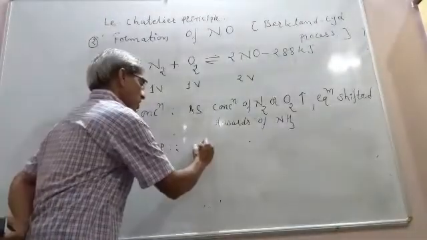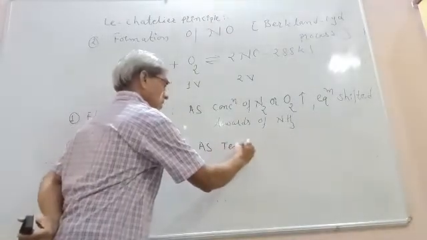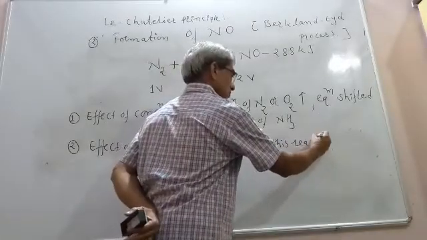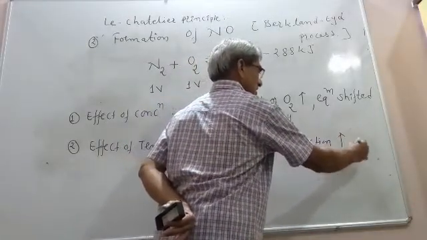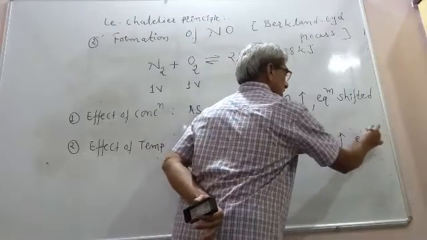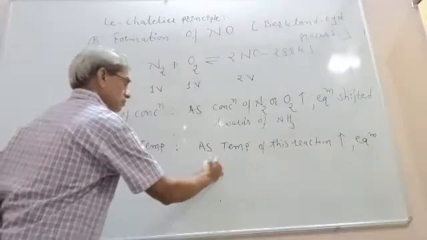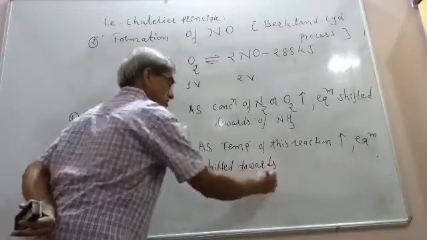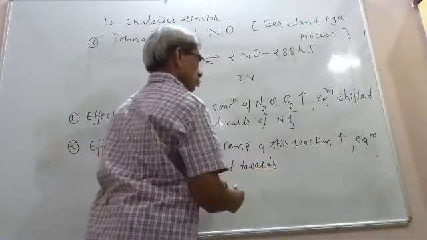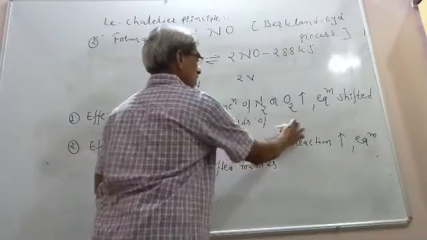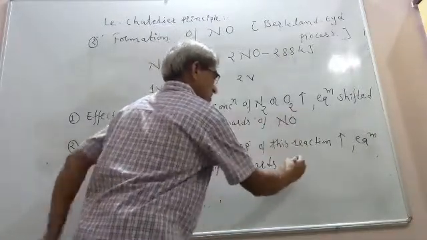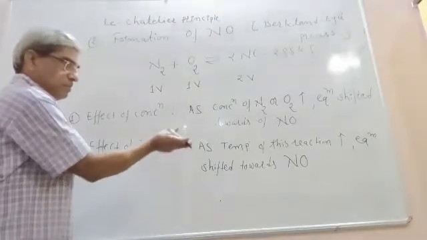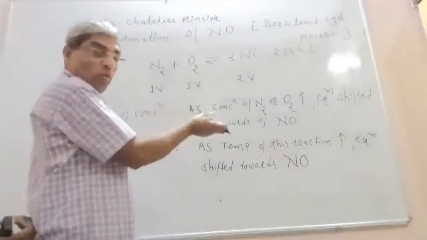Therefore, we write as: temperature of this reaction increases, then equilibrium shifted towards, sorry, here we correct that, towards NO, and as equilibrium shifted towards NO, more amount of NO is obtained.